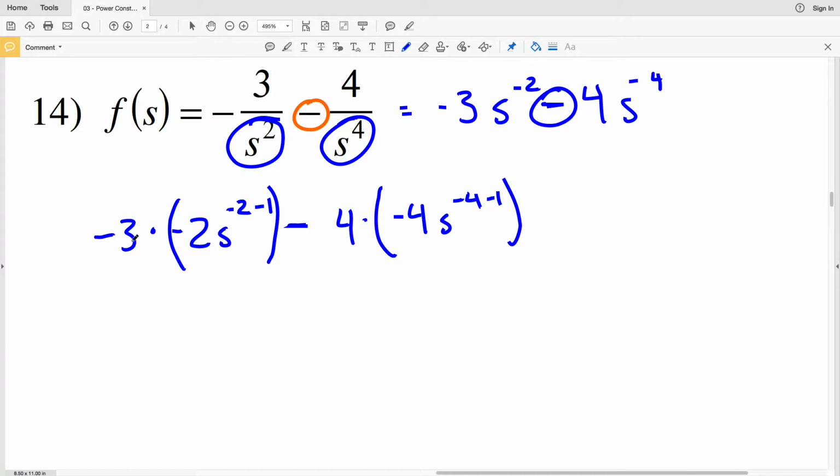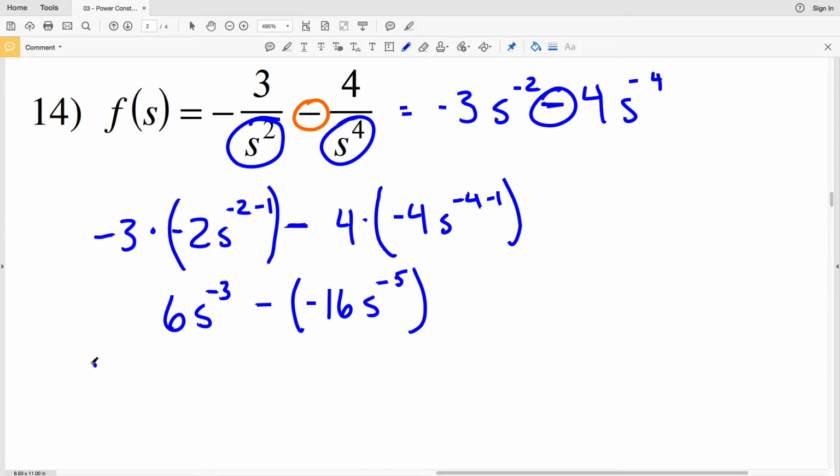So simplifying, negative 3 times negative 2 is a positive 6, and s to the negative 2 minus 1 is s to the negative 3, and we're subtracting 4 times negative 4, which will be subtracting a negative 16 times s to the negative 4 minus 1, which is s to the negative 5th.